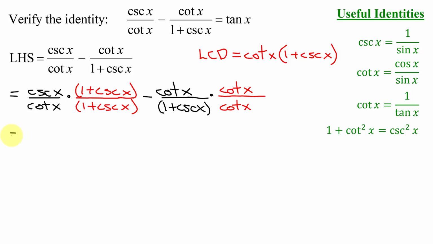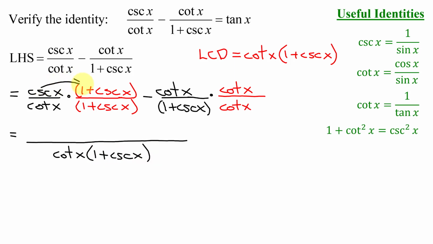So looking at my two denominators, is this denominator the same as this one? Yes, multiplication is commutative. It doesn't matter if I write it this way or this way. I'm just going to write my denominator as the cotangent of x times 1 plus the cosecant of x.